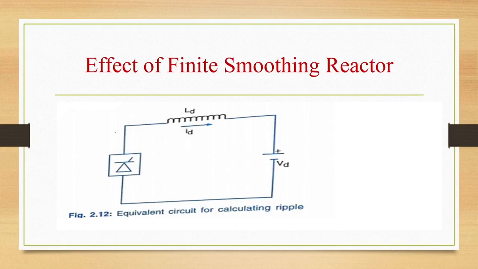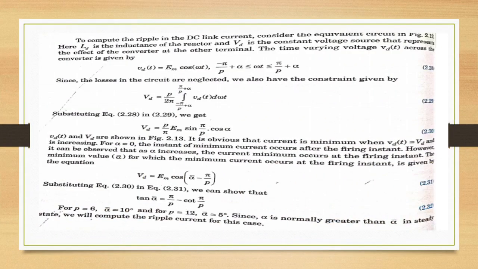To compute the ripple in the DC link current, consider the equivalent circuit here. LD is the inductance of the reactor and VD is the constant voltage source that represents the effect of the converter at the other terminal. The time varying voltage VD of t across the converter is given by VD of t equal to Em cos omega t, where omega t lies between minus pi by P plus alpha and plus pi by P plus alpha.